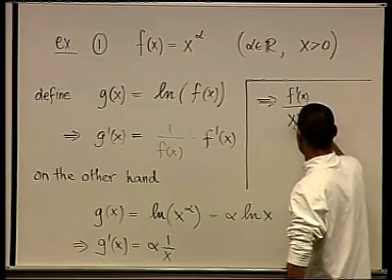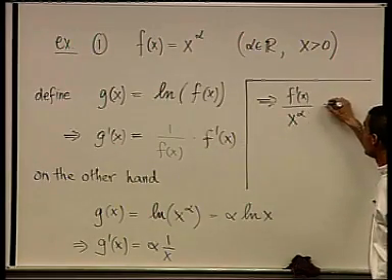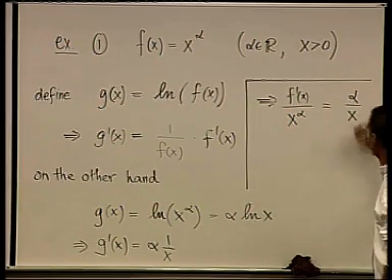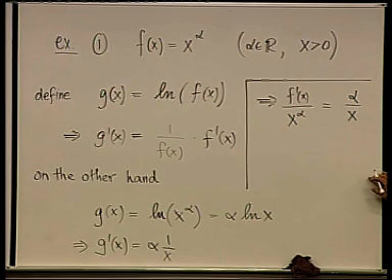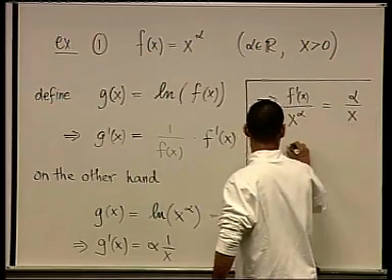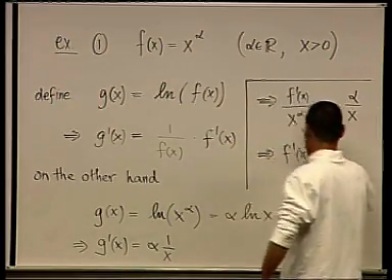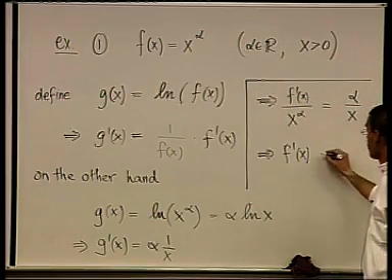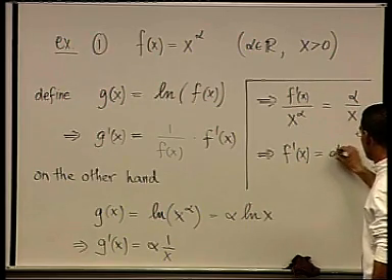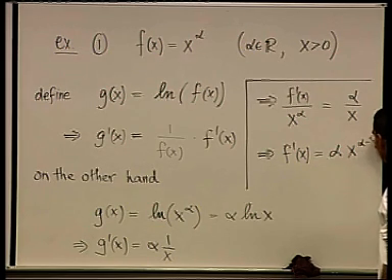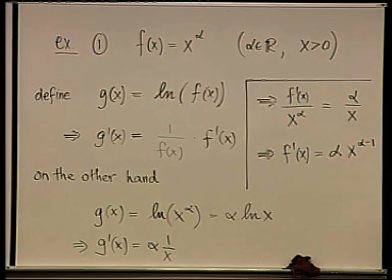It's x to the alpha. So that's rewriting this. That has to be equal to what we got here, alpha over x. Right? Good? Good. And now what do we get? We get that f prime of x, which is what we were looking for. We were trying to take the derivative of that function. So f prime of x is alpha times x to the alpha divided by x, so times x to the alpha minus 1.